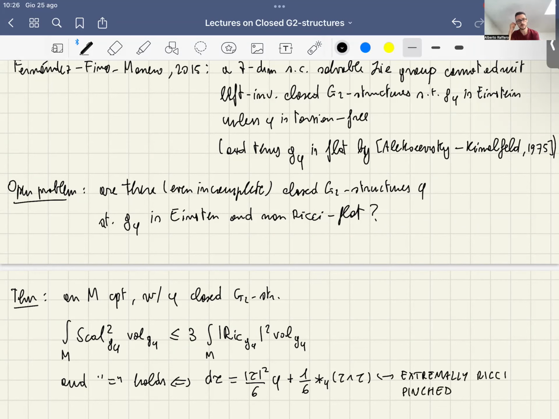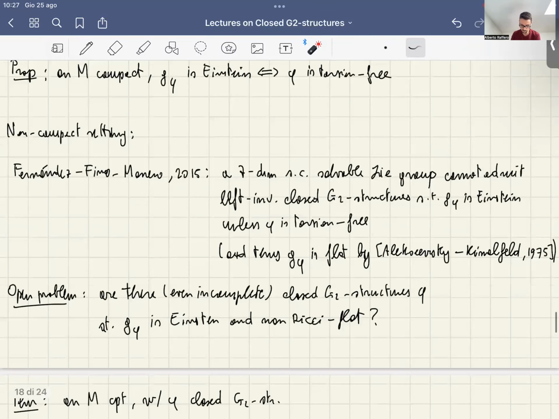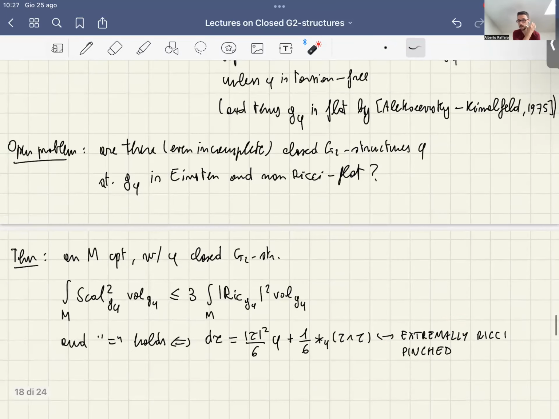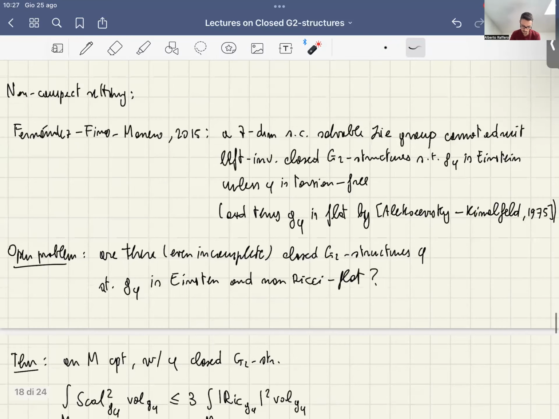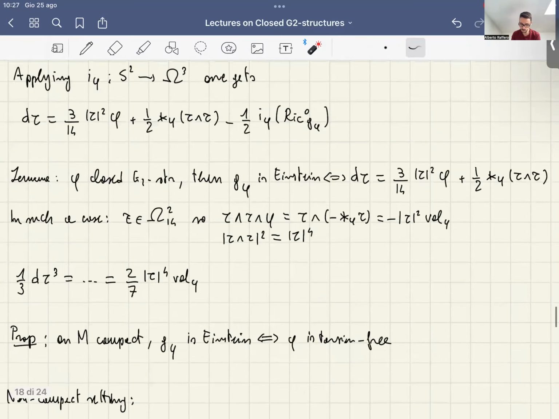closed G2 structures. And if there will be time, I will say something about these structures in the next lecture. But for the moment, just compare this equation here for d tau, which means this condition of being extremely Ricci pinched, with the Einstein condition, which is this one.